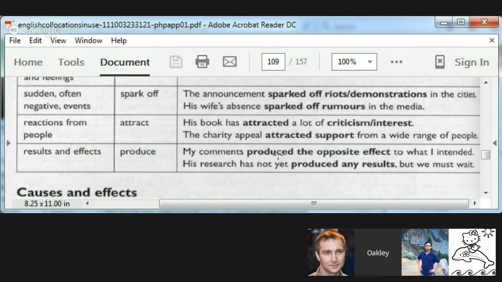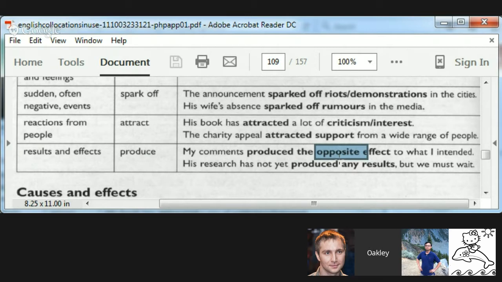I could use caused here to say the same thing in a slightly different way. Produce with an effect. Produced a good effect, a bad effect, a negative effect. Produce a negative effect, positive effect. Yep, that's good. And it would be very common to use one of those adjectives with effect, the whole phrase.